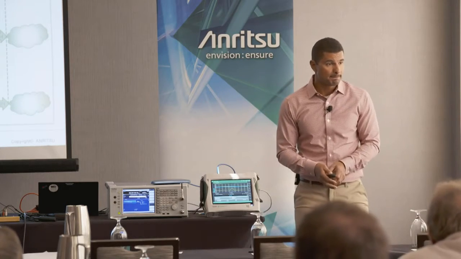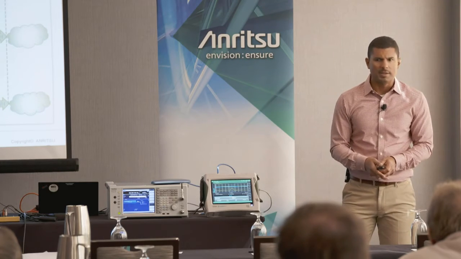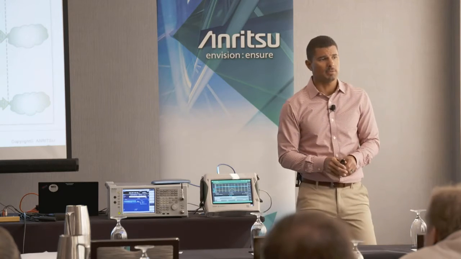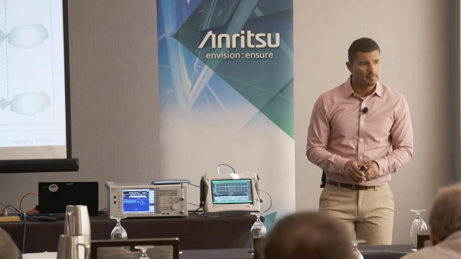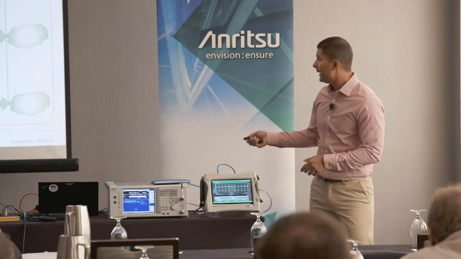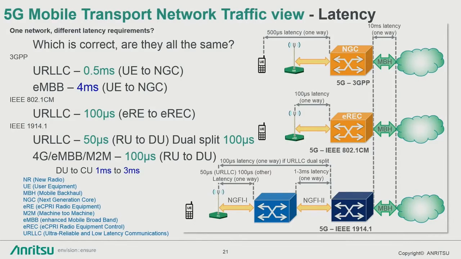Do you handle wireline telephones in this kind of configuration? No, wireline telephones handle this a little bit differently. That's a different network topology. So you don't consider them at all? I wouldn't say I wouldn't consider them, because we're discussing specifically just the NGFI 1 and NGFI 2 here.